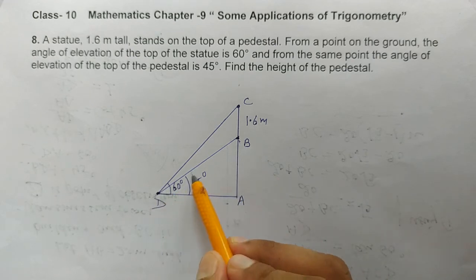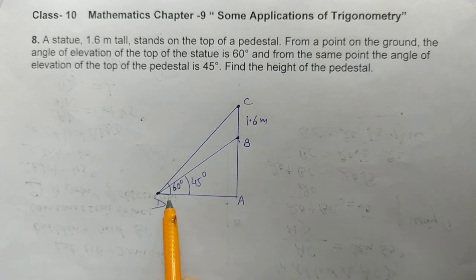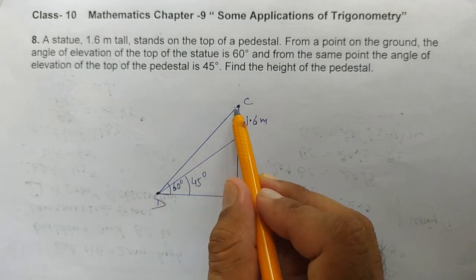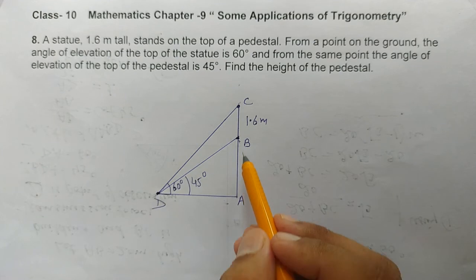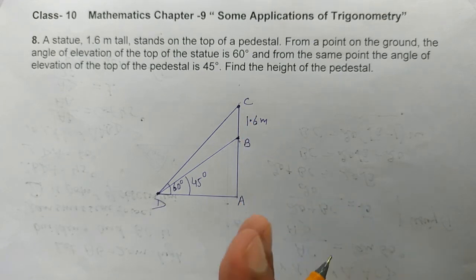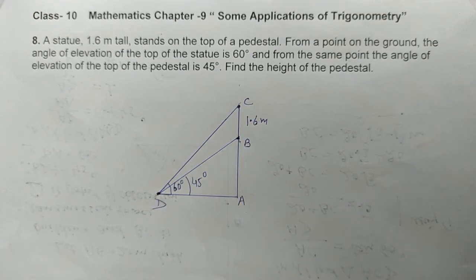So in right angle triangle ABD, we will find AD in terms of AB, and then in right angle triangle CAD, we'll find AD again in terms of AC, and then we'll equate these two equations and we will get the value of AB. So AD we have to find out in these two equations.